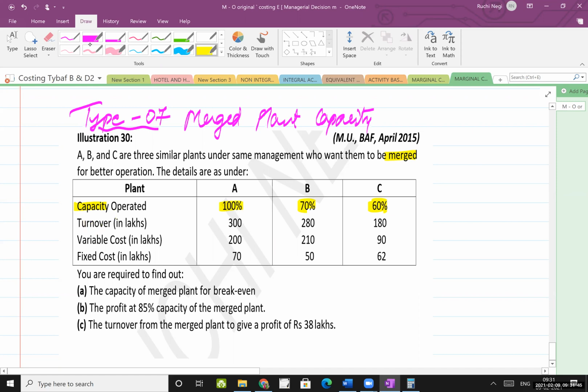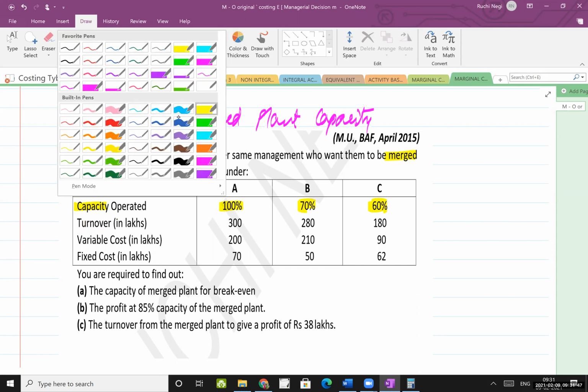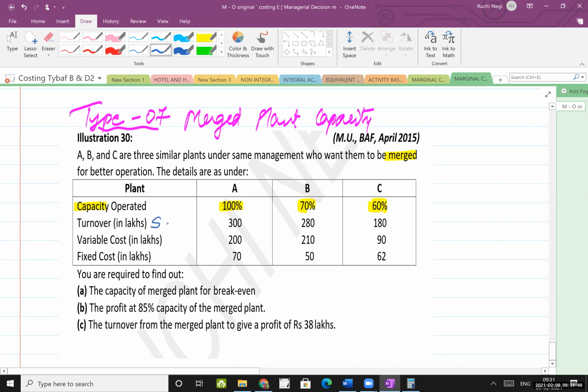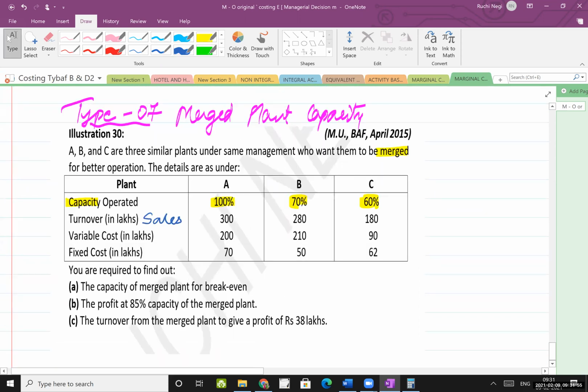Turnover मतलब sales. Figures are given in lakhs. Variable cost, fixed cost दिया हुआ है. You are required to find out first the capacity of the merged plant for break even. Next, आपको BEP निकालना है of the merged plant.